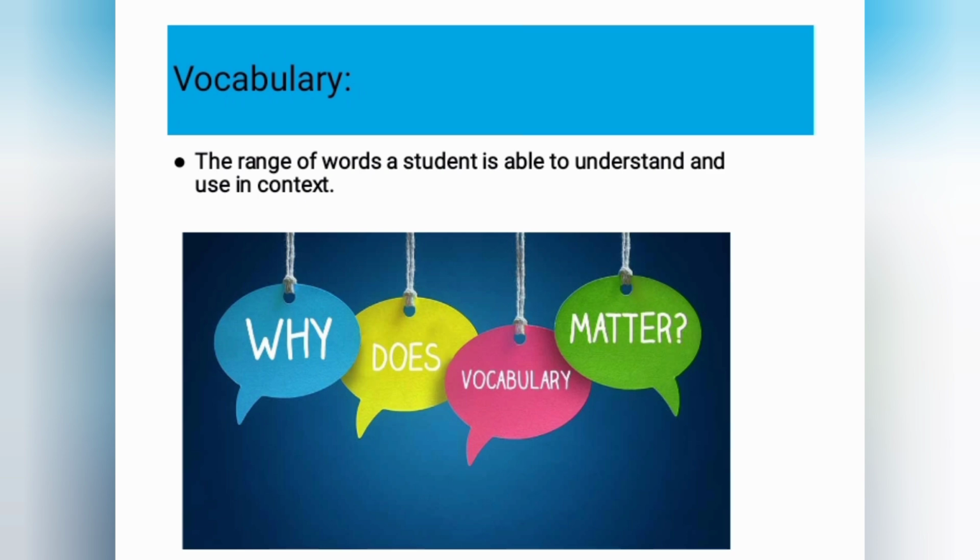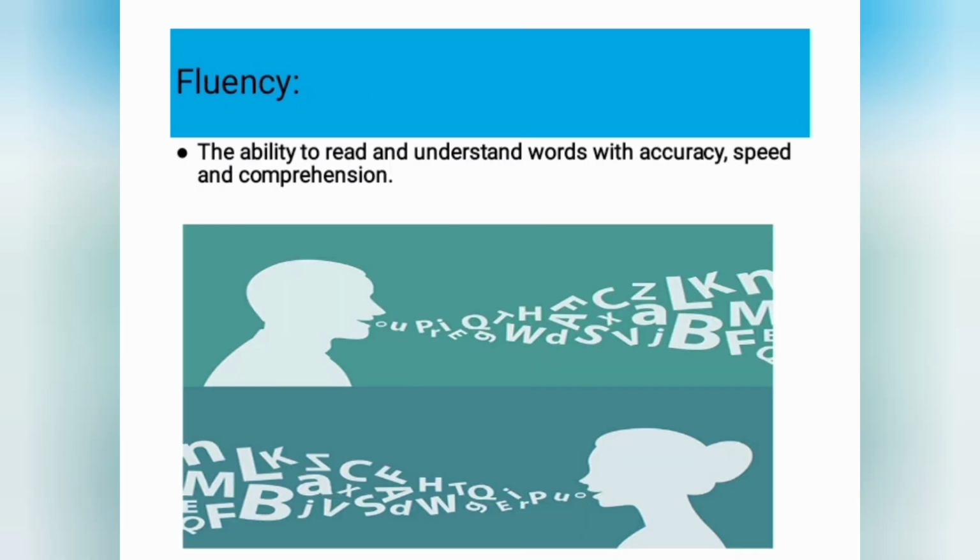What is vocabulary? The range of words a student is able to understand and use in context, and use to make sentences and paragraphs. Fluency: the ability to read and understand words with accuracy, speed, and comprehension is known as fluency.